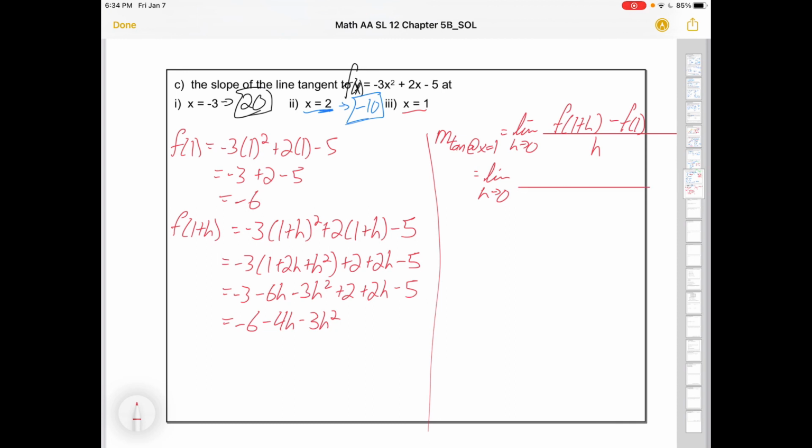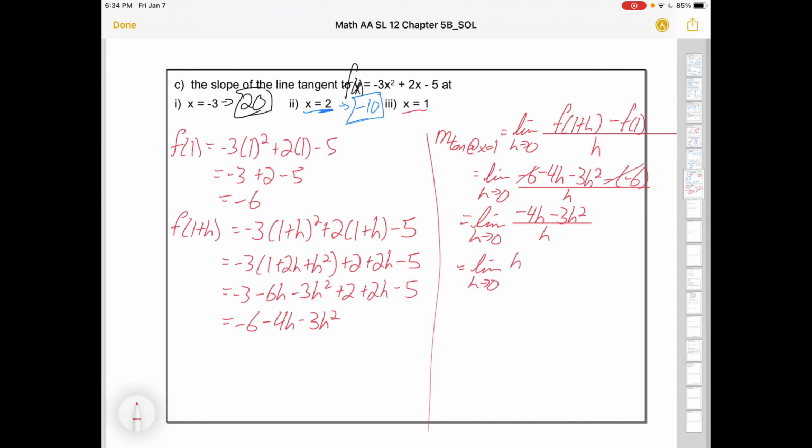Okay, f of 1 plus h is this monstrosity. F of 1 is negative 6. Oh my gosh, they're gone. Even though this is really elegant, in the end it's just drudgery, hey? Because you're just plugging into a formula. Sorry, there should have been an h there. It's kind of like the quadratic formula.